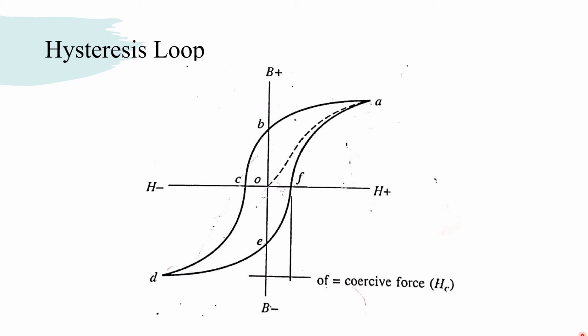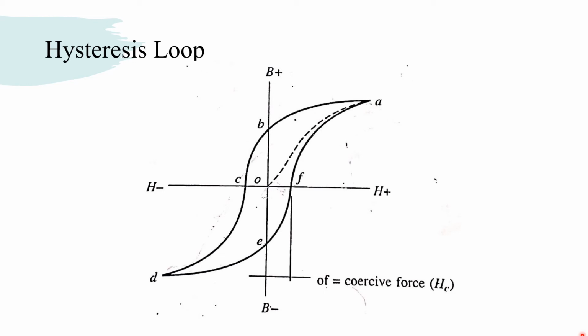A ferromagnetic material that has never been previously magnetized or has been thoroughly demagnetized will follow the dashed line as H is increased.